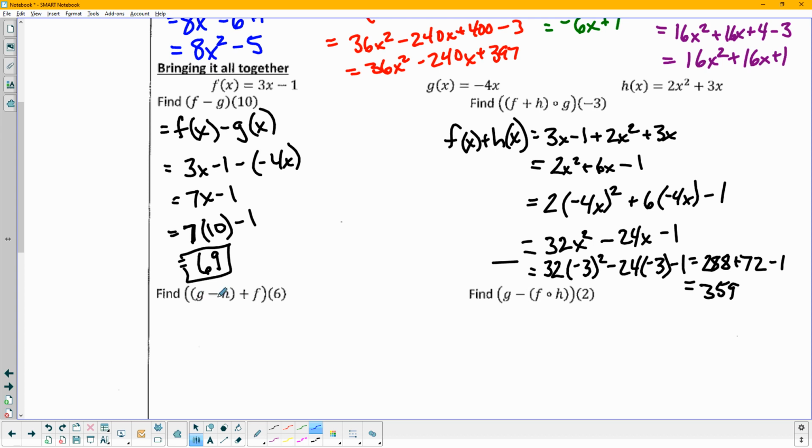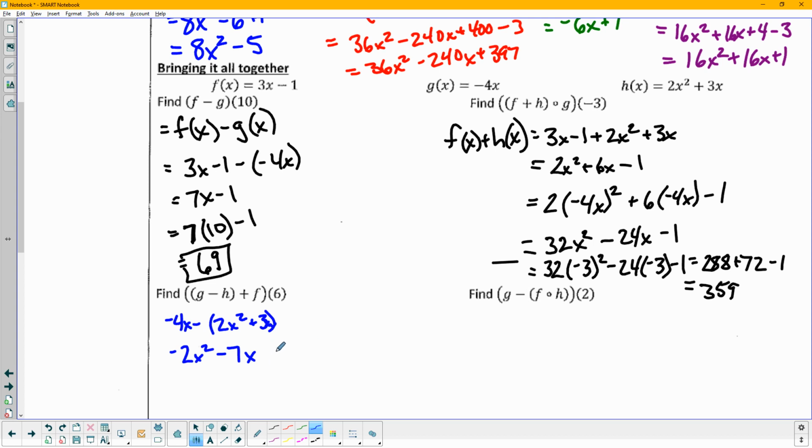So g of x minus h of x, I'm going to skip some notation a little bit. 4x minus 2x squared plus 3x. So let's see, that's going to be negative 2x squared. Negative 3x, negative 4x is negative 7x.